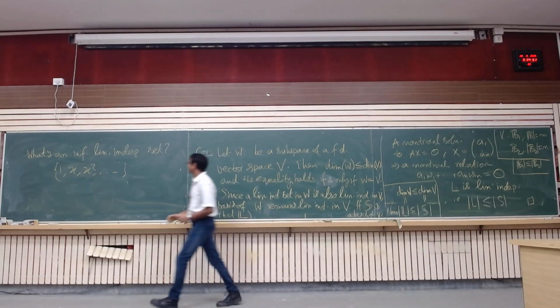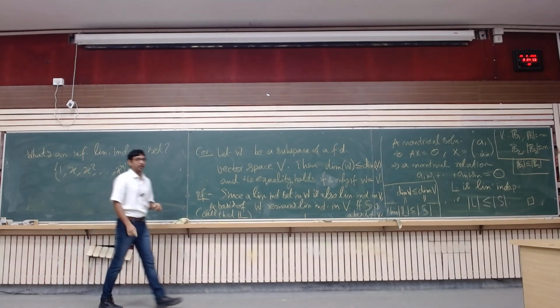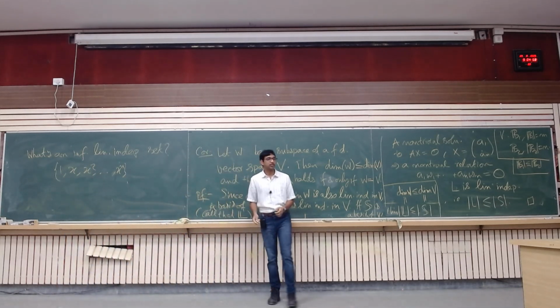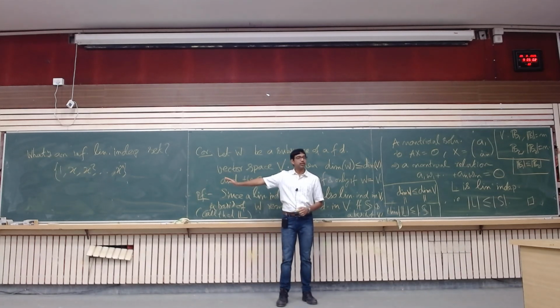At first you can just consider up to x^n. Is this linearly independent? Suppose you have only n elements. We are considering its linear independence over some field, say R.